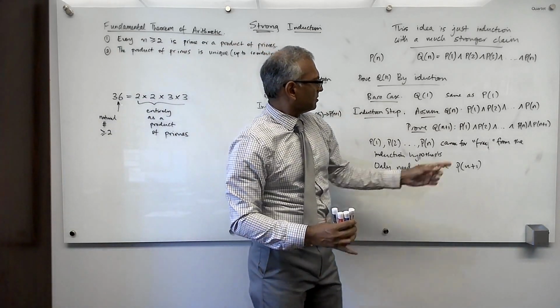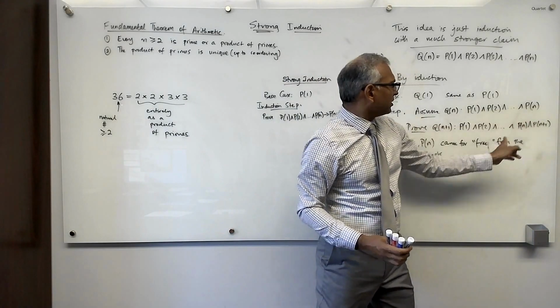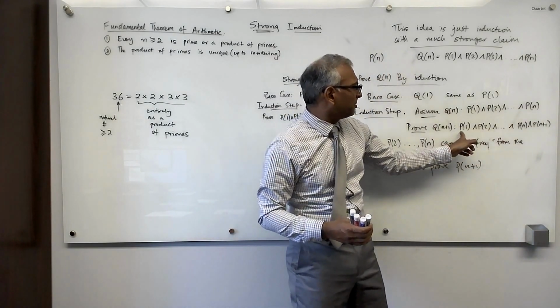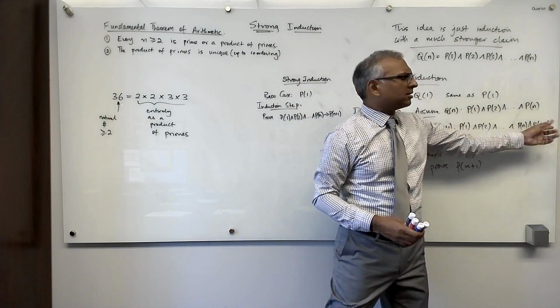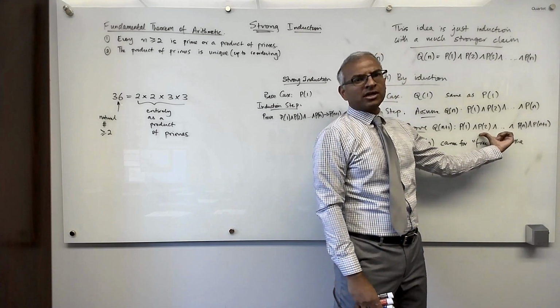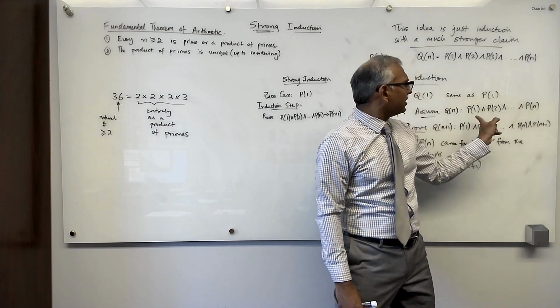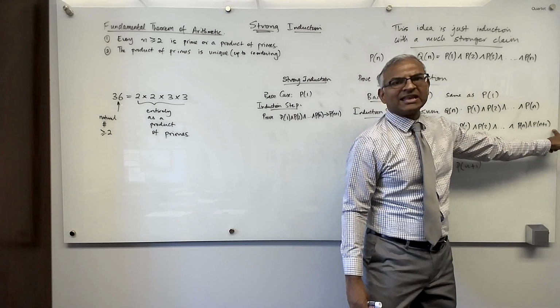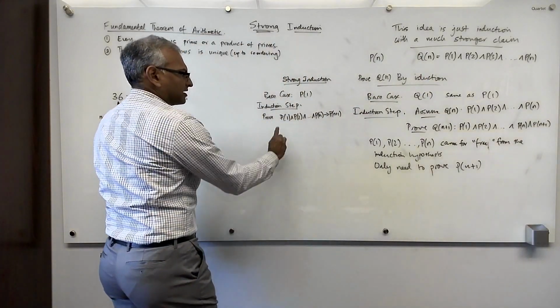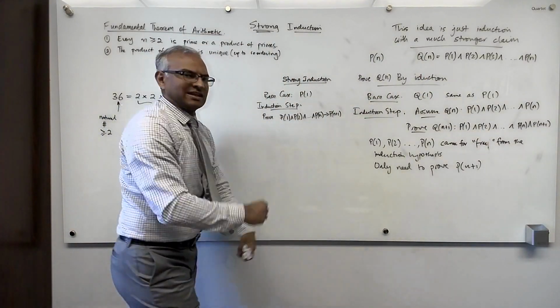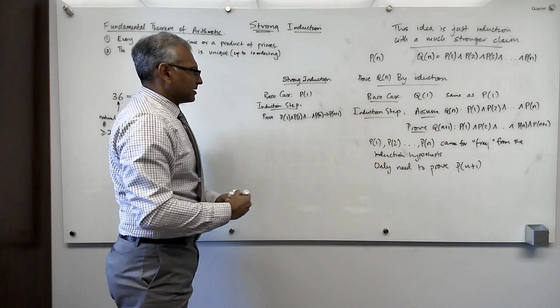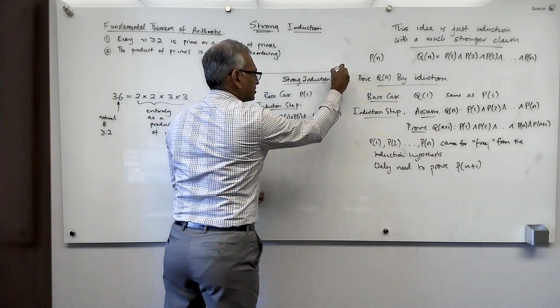Okay, because we get to assume P of 1 up to P of n. Technically we need to prove P of 1 up to P of n plus 1, but P of 1 up to P of n came for free, so all we have to do is prove that this implies P of n plus 1. And that's strong induction.